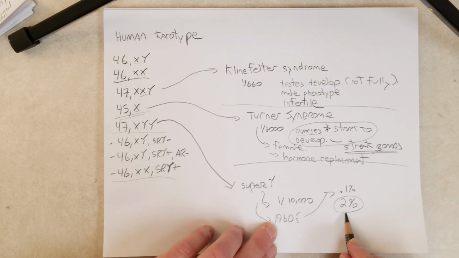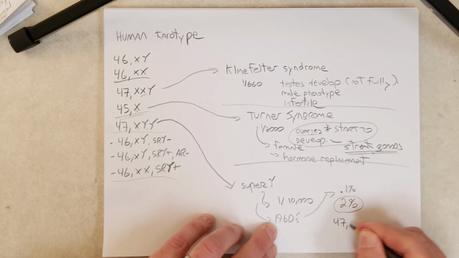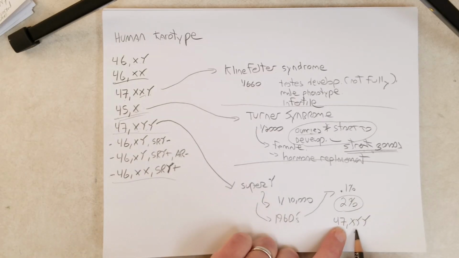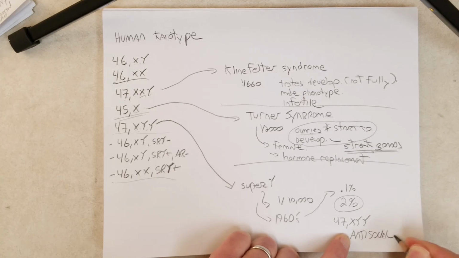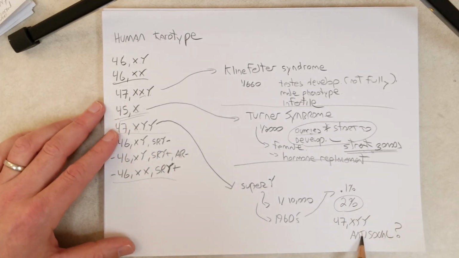So that led to this hypothesis that males with 47XYY genotypes were predisposed to antisocial behavior, and that type of behavior got them institutionalized.